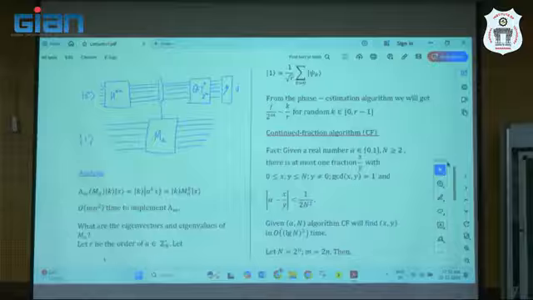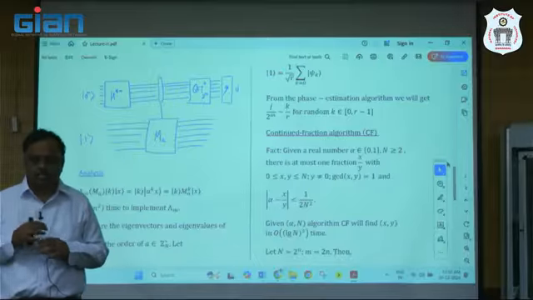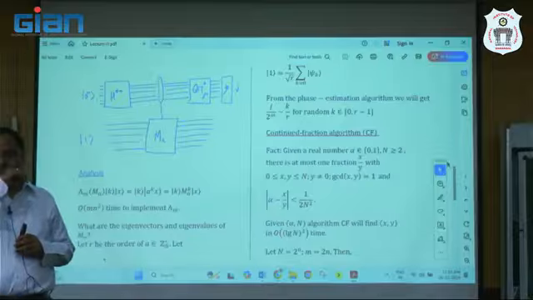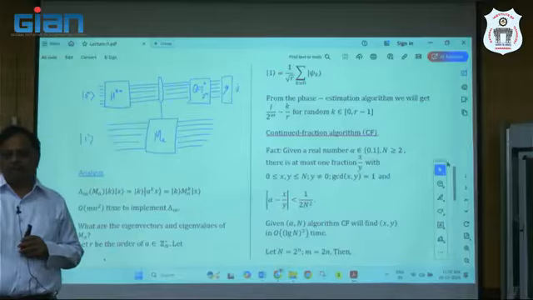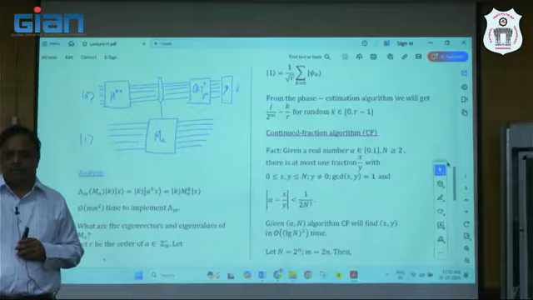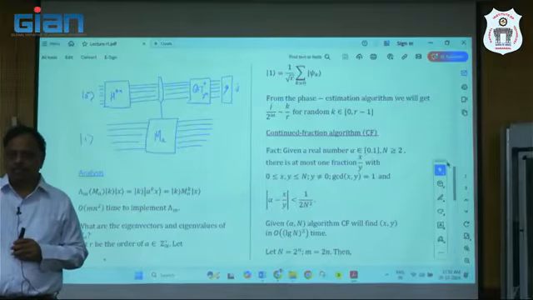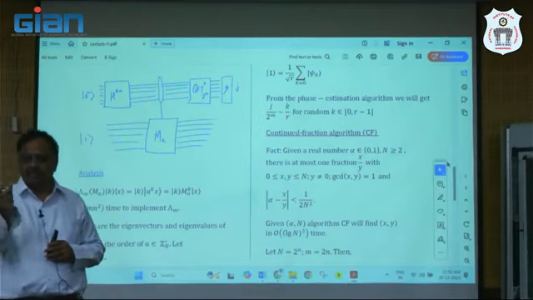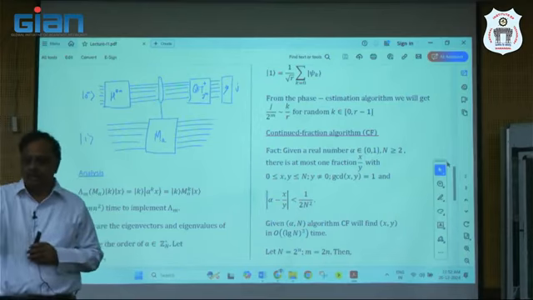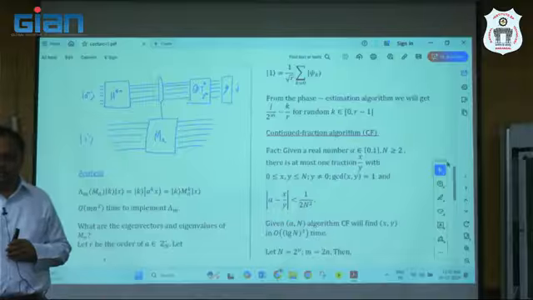Sir, is this some kind of Taylor series type function? No, continued fraction algorithm. Okay, we'll get into that. What it does is, suppose I want to find the continued fraction expansion of any number. I first take the integer part out, then I get a fractional part, right?